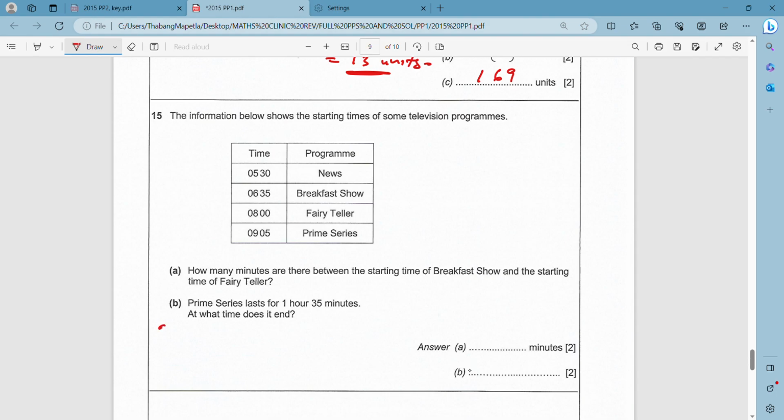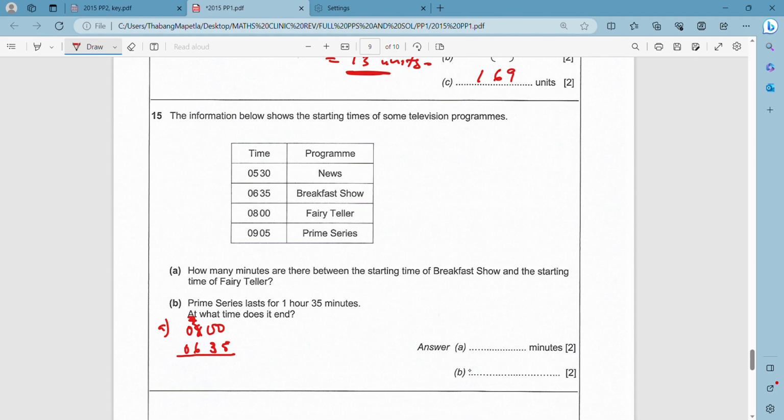So you're going to simply subtract. It's going to be 0800 minus 0635. We subtract 0 minutes minus 35. Remember, we can't have negative minutes in real time. So we borrow 1 from 8 and remain with 7 hours.